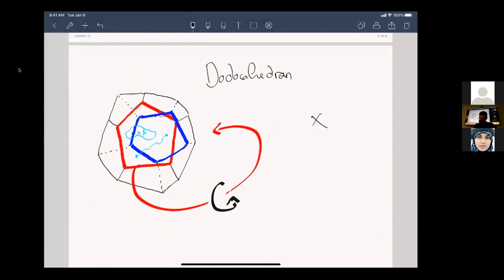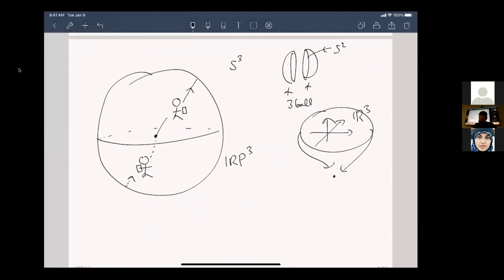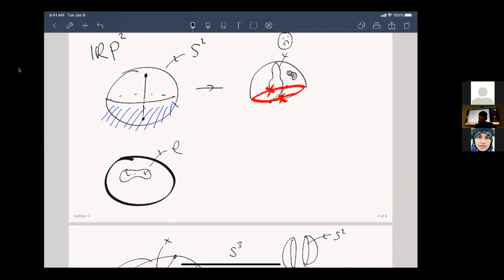This is not allowed because the blue curve in the interior is different from the blue curve that threads through the interior. I can't deform one into the other. A curve that goes like this is also not allowed. So this would be homotopically trivial, and this would not be homotopically trivial.